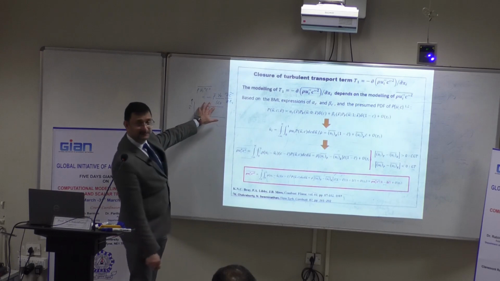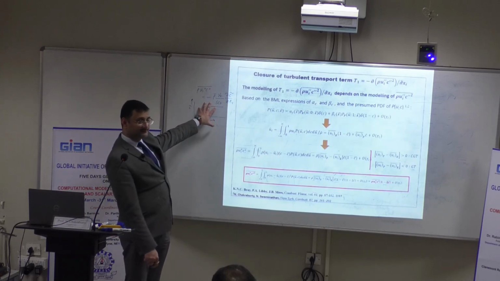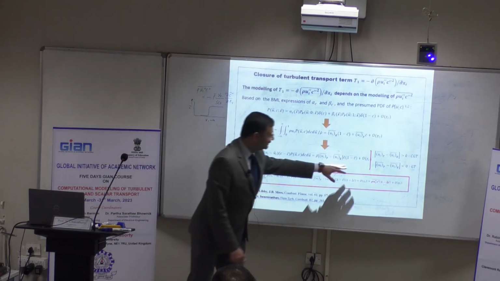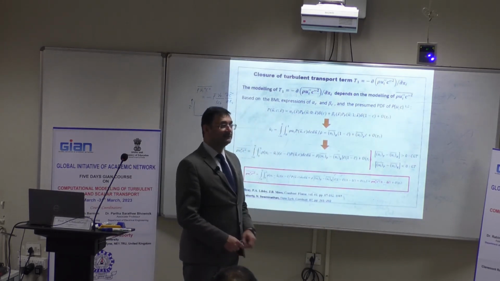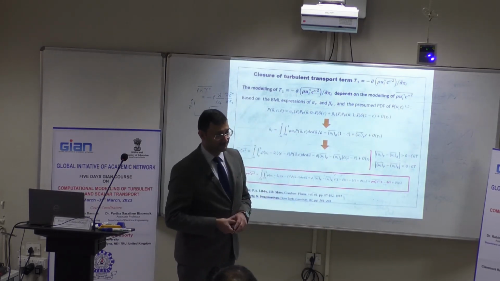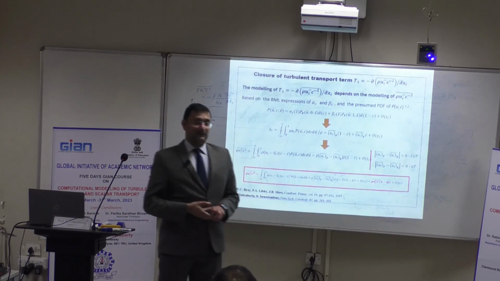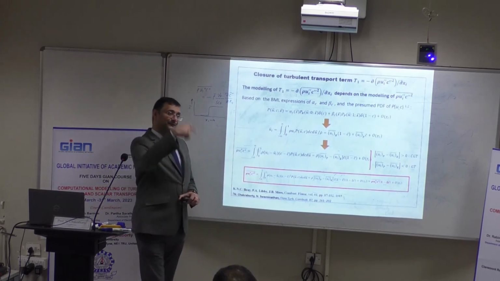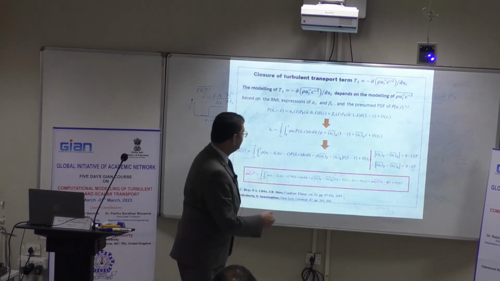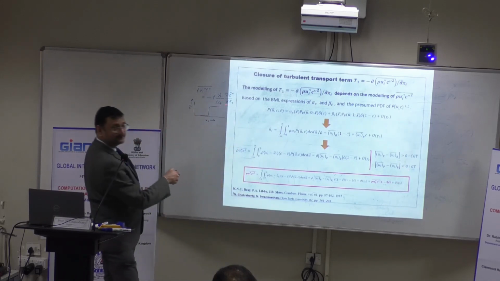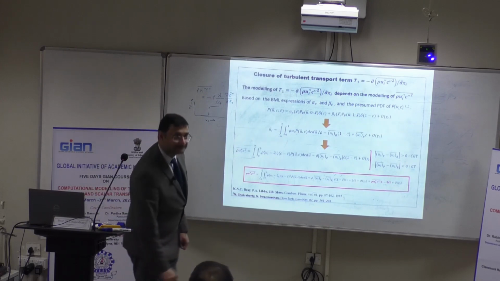Gradient hypothesis tells me it has to be negative, but it will give me a positive value, and that will lead to counter-gradient transfer. We'll come back to that later in the following lecture tomorrow. If it is negative, obviously I am seeing the expected behavior.